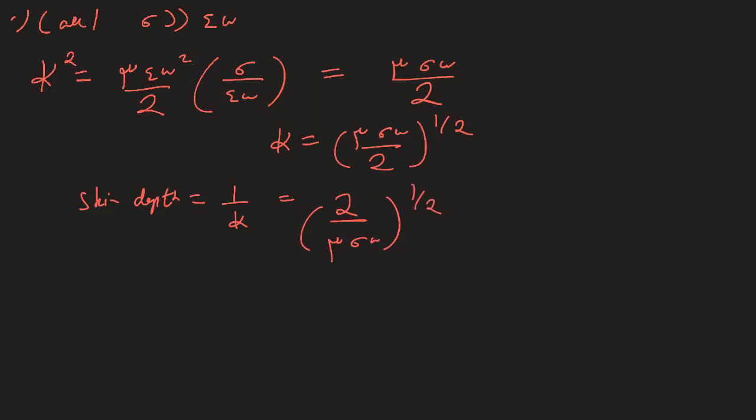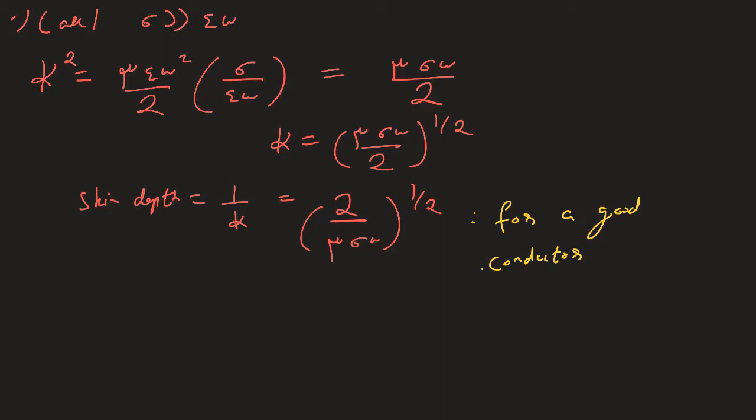So this is the skin depth for a good conductor, for frequencies where sigma is much greater than the product of the frequency times the permittivity. Now think about this a bit. For visible light, omega is of the order of 10 to the power 15.